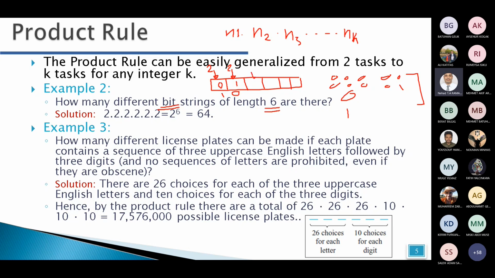Same idea. So to do the whole procedure, we multiply the ways to do each task. So it's 2 multiplied by 2 multiplied by 2 multiplied by 2 multiplied by 2, so it's 2 to power 6. 2 is the number of ways to do each task. 6 is the number of tasks.